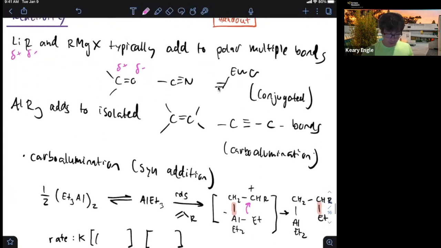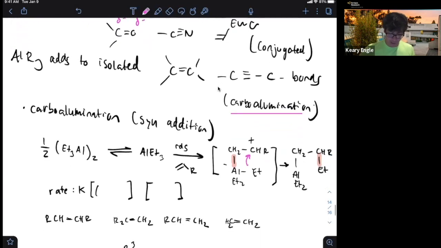In contrast, organoaluminum reagents, now with aluminum being a more electronegative atom, can engage in additions to relatively unpolarized pi systems, such as those found in alkenes and alkynes, in a process called carboalumination, which is widely used in organic synthesis.